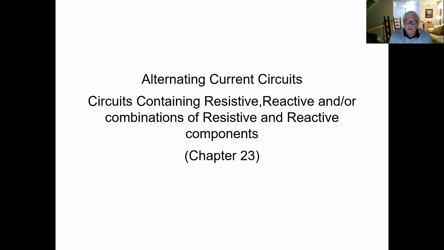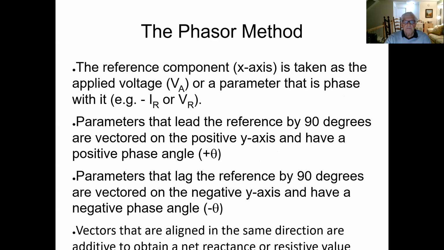So let's look at some alternating current circuits, chapter 23. We can use the phasor method. VS is taken as the applied voltage that's in phase with the resistor.